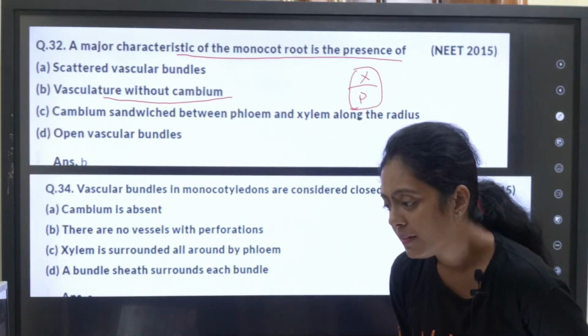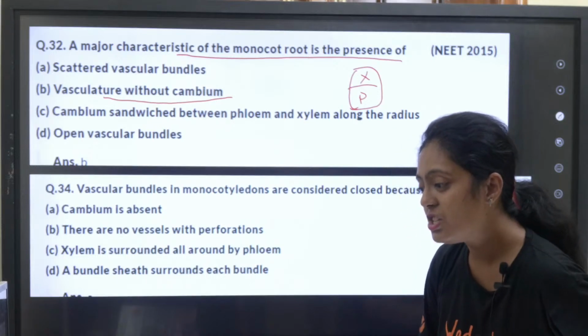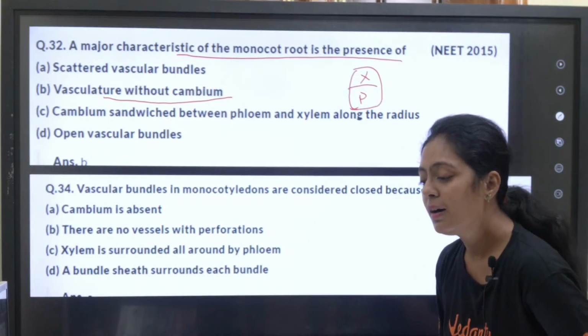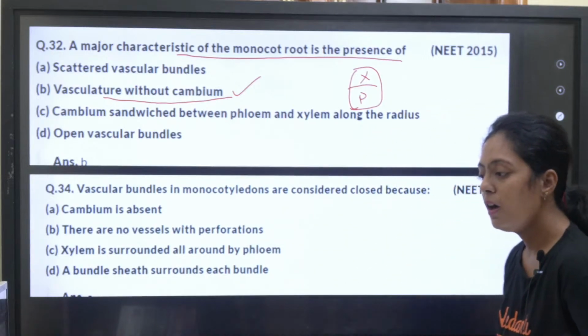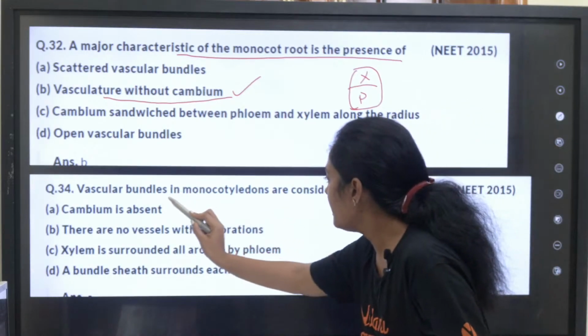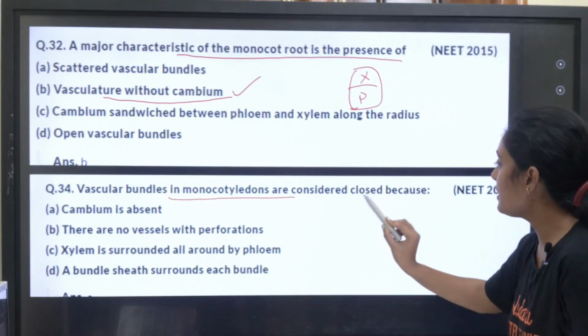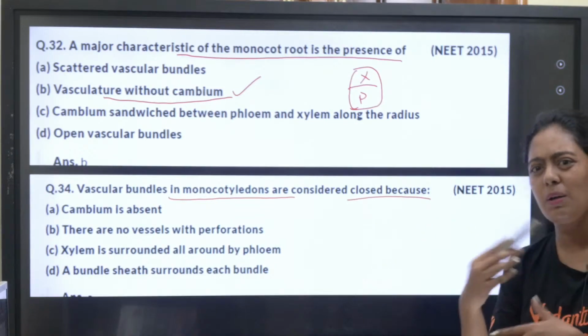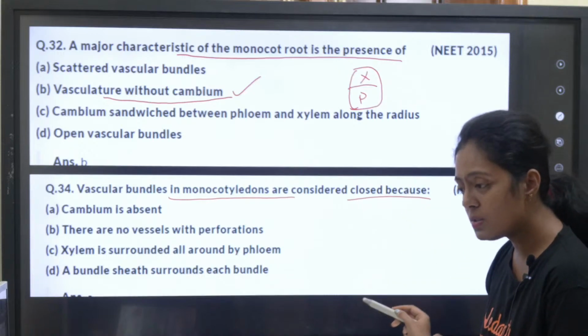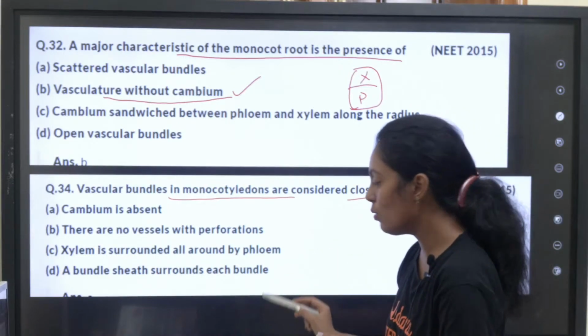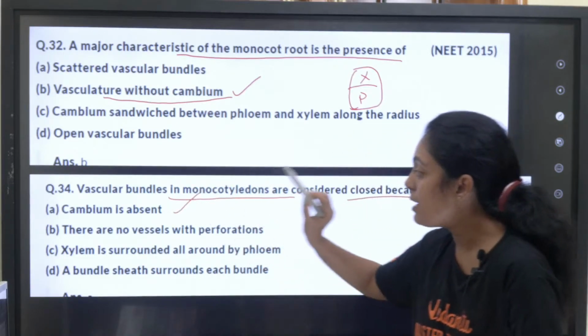Okay, then vascular bundles in monocots are considered closed. This is very easy. See how many questions they ask based on cambium absent or present. It is considered closed because cambium is absent.